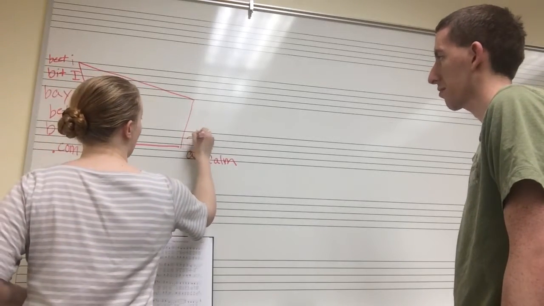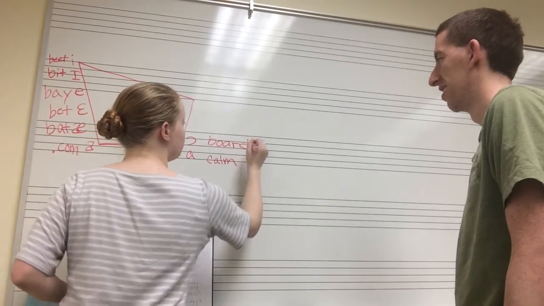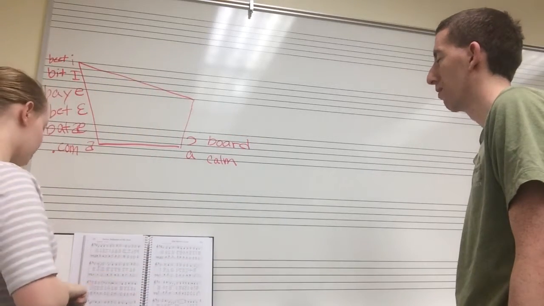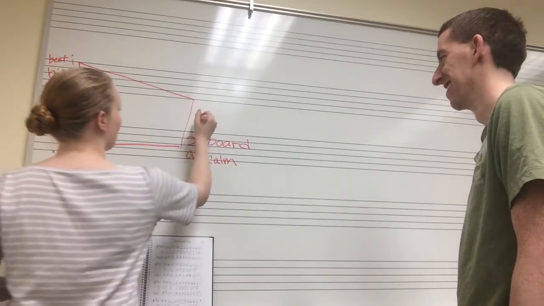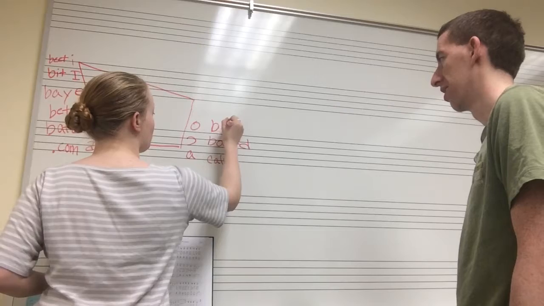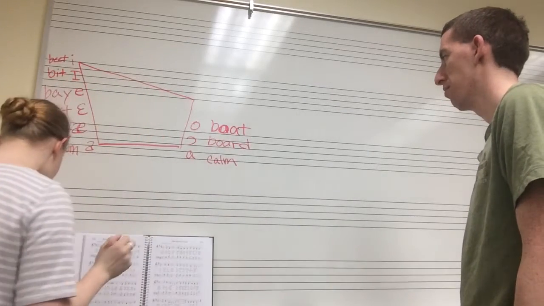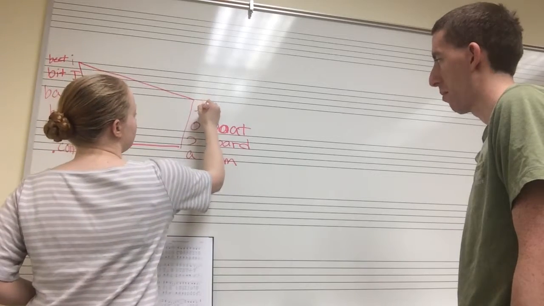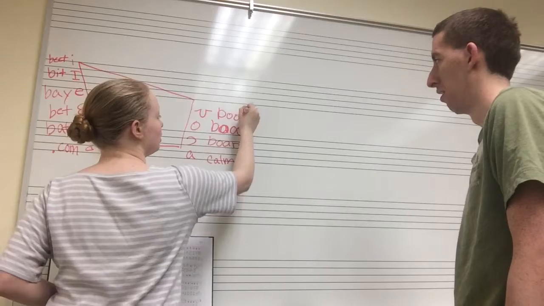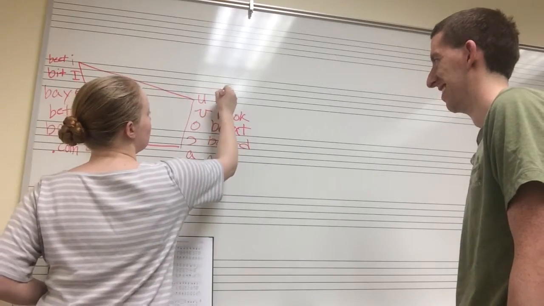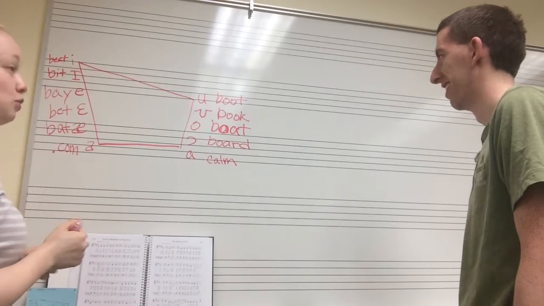We've got O, like board. Then we've got O for boat. Then we have the vowel for book, and for boot.